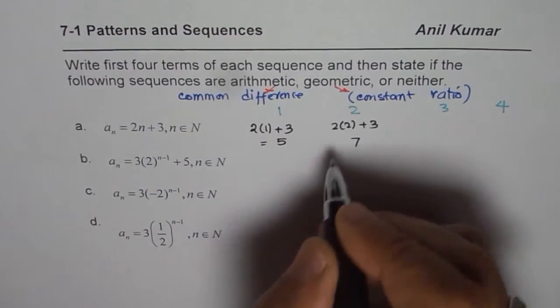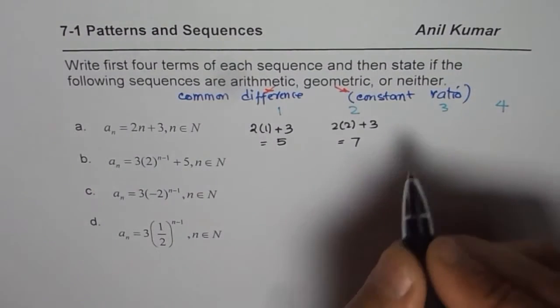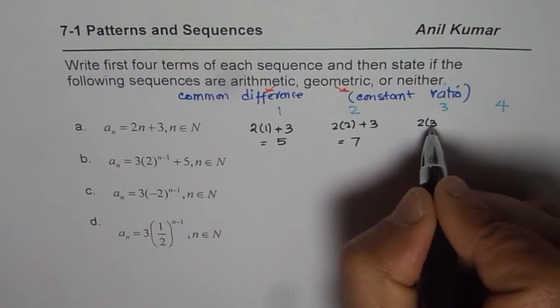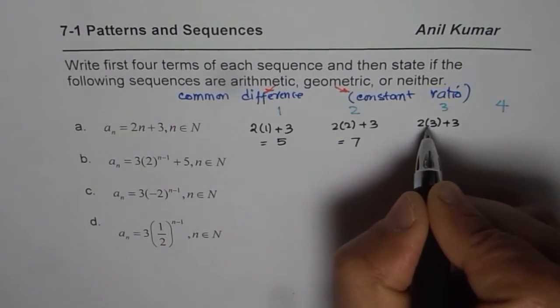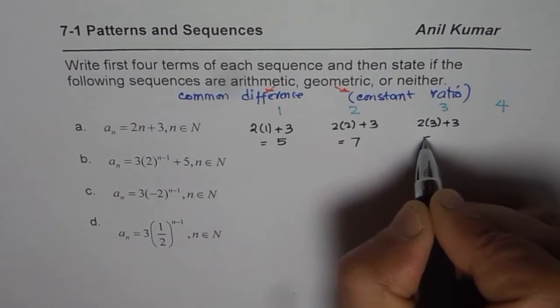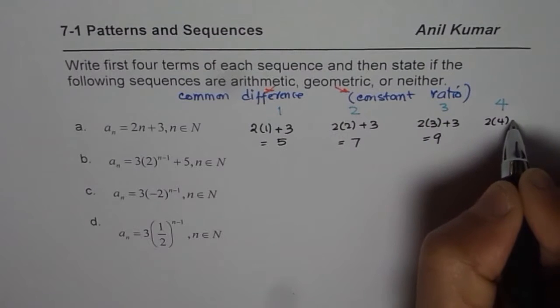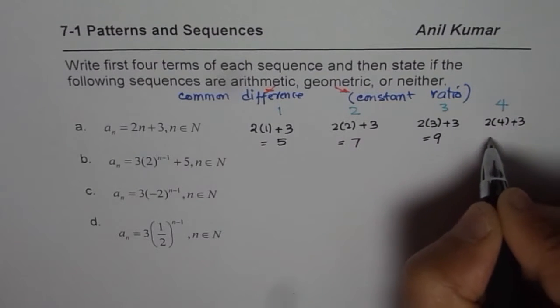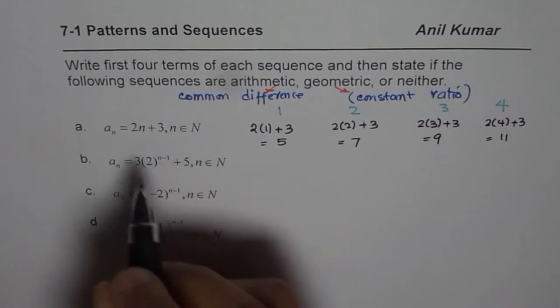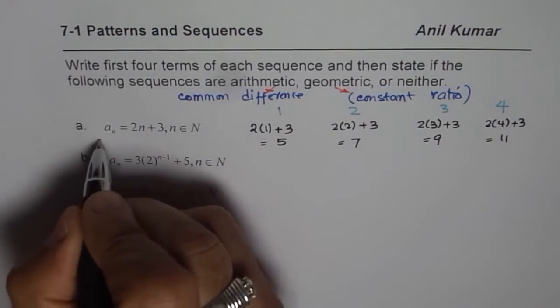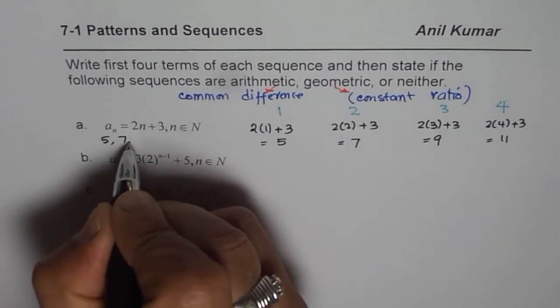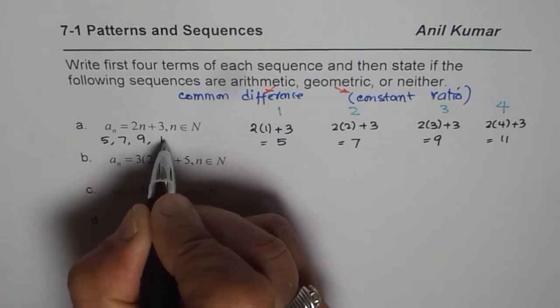So 7 is my second term. Third term, 2 times 3 plus 3. 6 plus 3 is 9. And the fourth term is 2 times 4 plus 3. 8 plus 3 is 11. So what terms do I get here? I get 5, 7, 9 and 11.